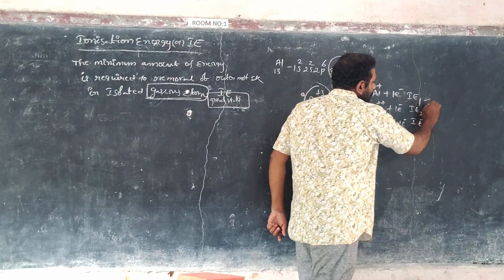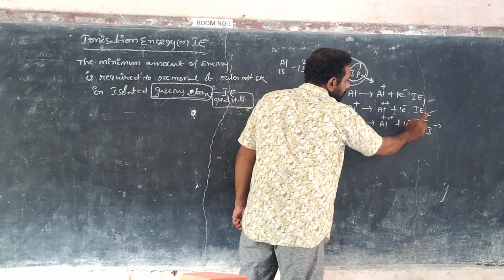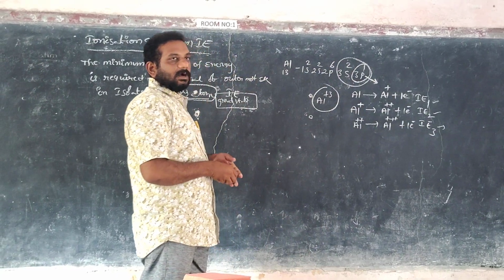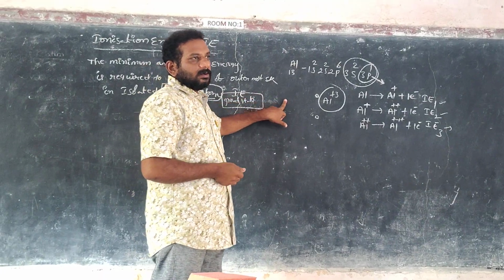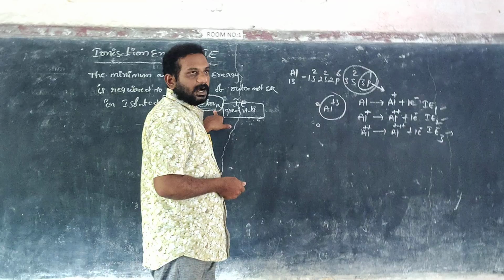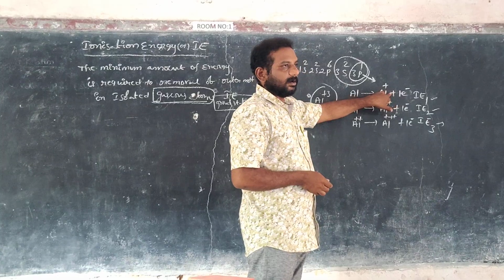That is IE1, IE2 and IE3: the first, second and third ionization energies. The minimum amount of energy required to remove one electron from a gaseous isolated atom forms a unipositive ion.